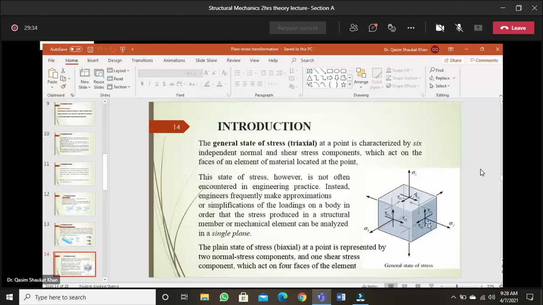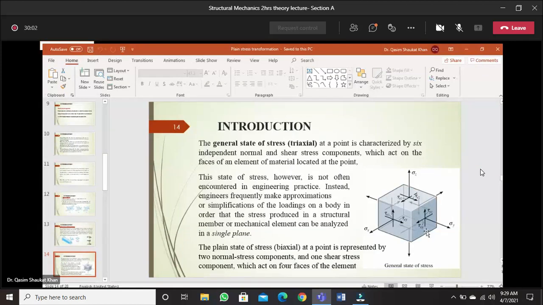Now you see this, stresses are represented by two subscripts. Now, what are normal stresses? Normal stresses are produced by the normal forces, which try to apply a pull or a push on the element.